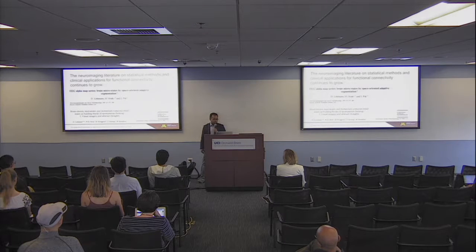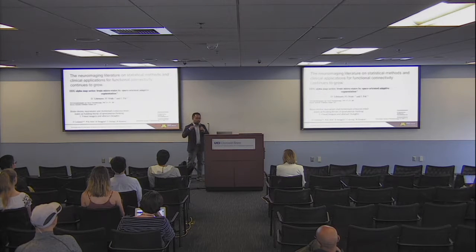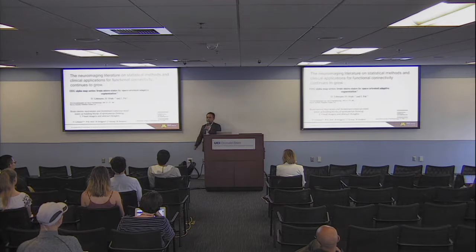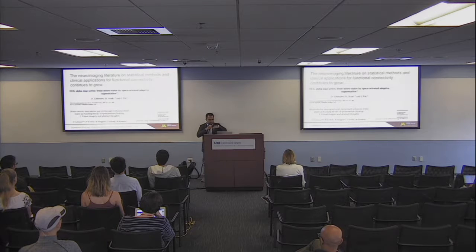Now, one of the things that's been really fascinating about this idea of dynamic connectivity in fMRI and microstate analysis is that people have been doing joint modeling of the two. And they've shown that there is some correspondence between the microstates themselves and dynamic connectivity. I'm not going to show any of those papers here, but there's definitely some work on that. So that's just the context that I'm working in.